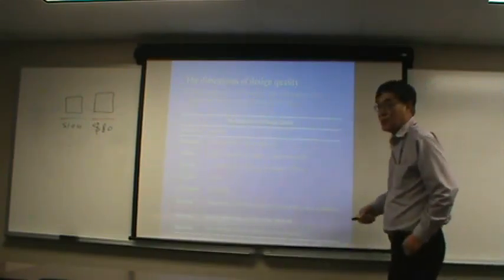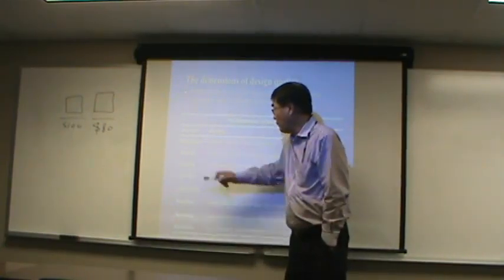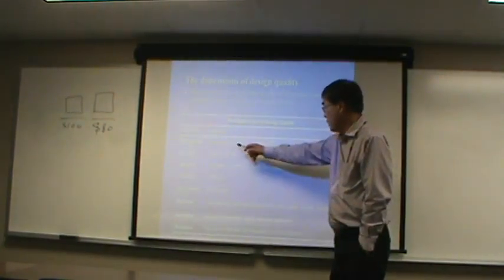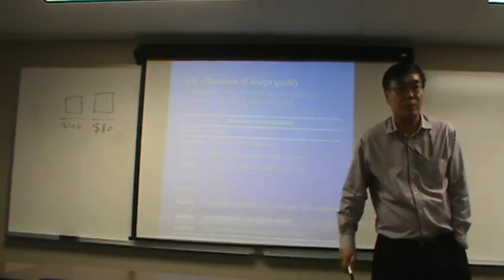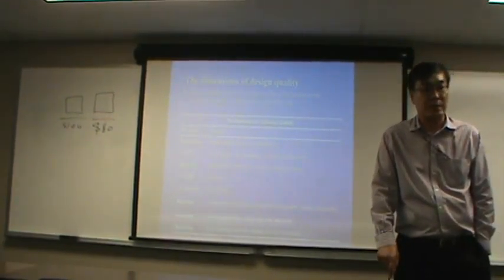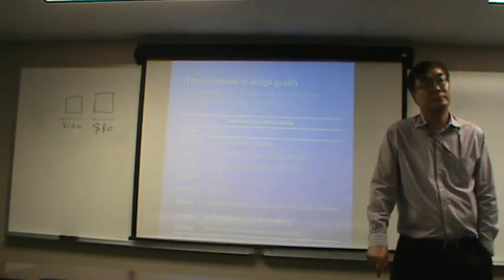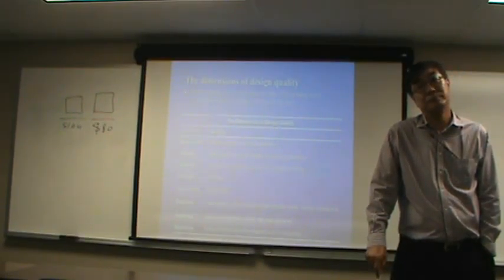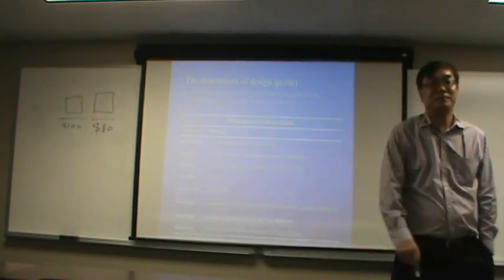Dimensions of design quality. When we design, dimensions: performance, primary product or service characteristics. Okay, passenger cars, what can be a primary characteristic? Okay, television.